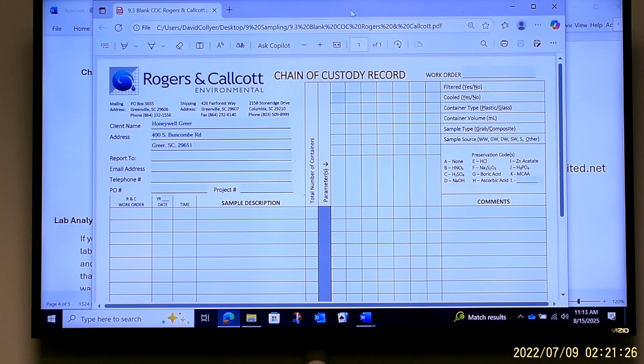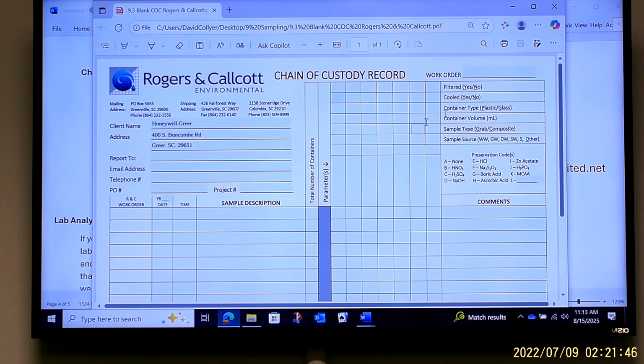Every lab or organization will have their own chain of custody. This particular one here is Rogers and Callcott. You will have the name of the company, you'll have the ID, you have the date, the time, and a description of the sample.